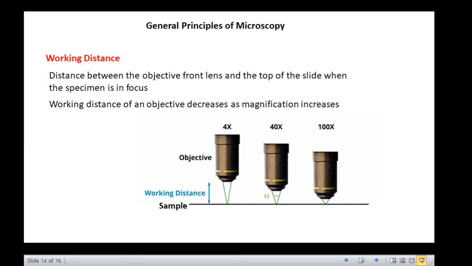The working distance with a low power objective is 4 to 8 millimeter, with high power objective is 0.5 to 0.7 millimeter, and with the oil immersion objective is 0.1 millimeter.